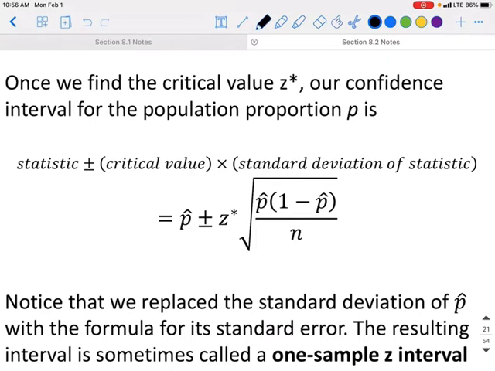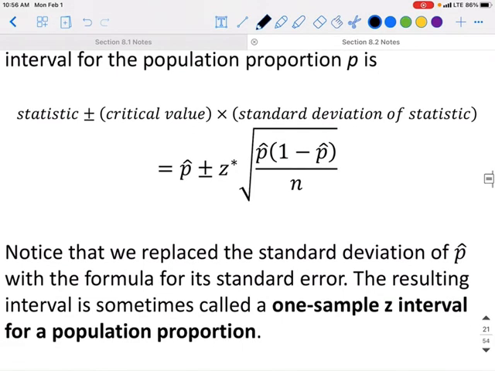So you're going to do your sample statistic, or your p hat, plus or minus that critical value z star times the standard deviation of the statistic itself. Notice that we replace the standard deviation of p hat with the formula for the standard error. The resulting interval is sometimes called a one-sample z interval for a population proportion.